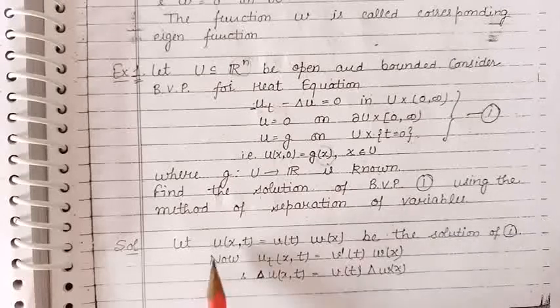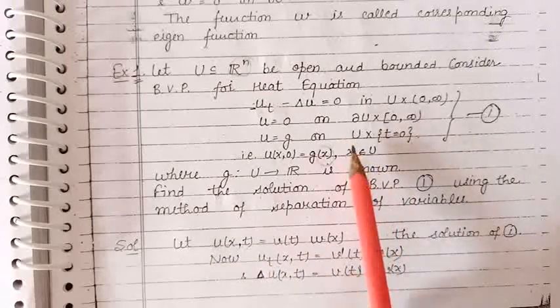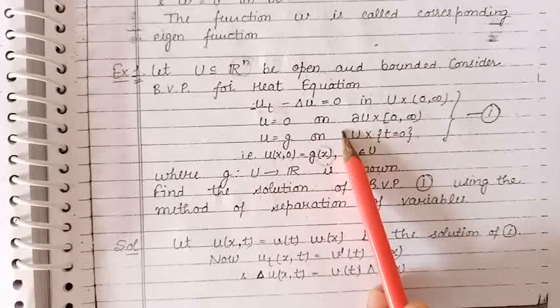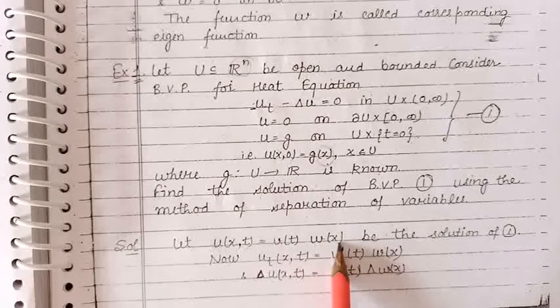Let us take u, which is a function of x and t, that is a solution of this boundary value problem, having the form v times w, where v is a function of t and w is a function of x.